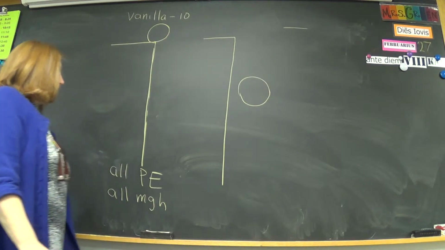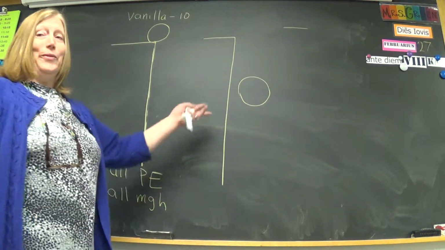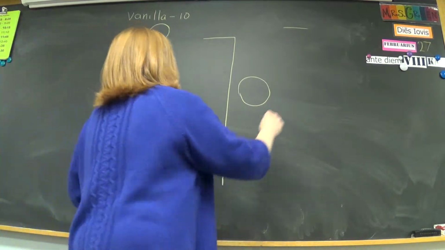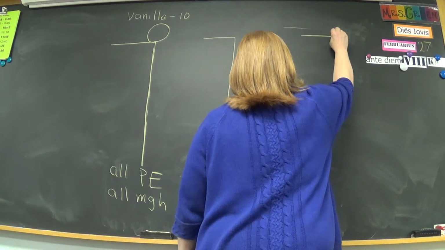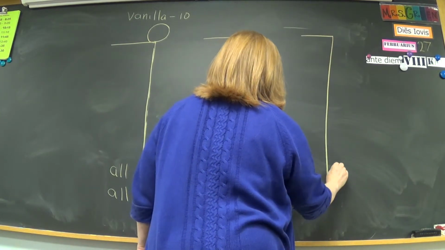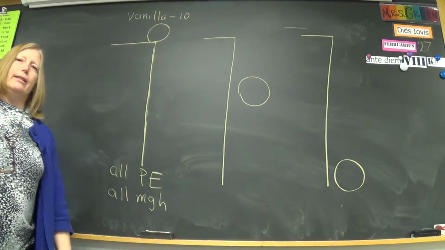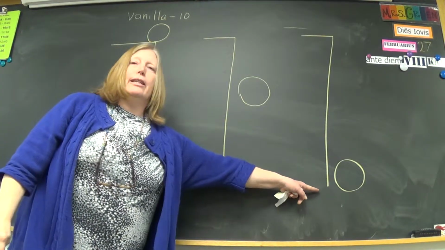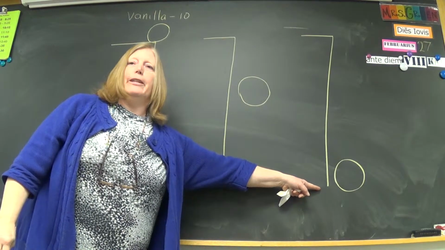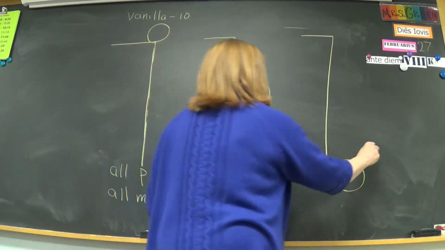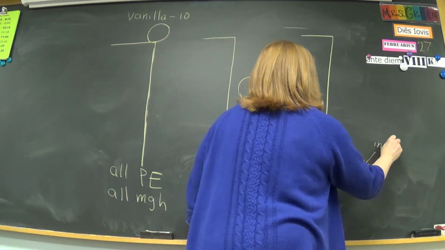All right, now I'm going to take this big boulder and push it over. So now you'll see that it is moving. I'm going to fast forward all the way down to the instant before it hits the ground. So it's still moving. So this is the instant before impact.